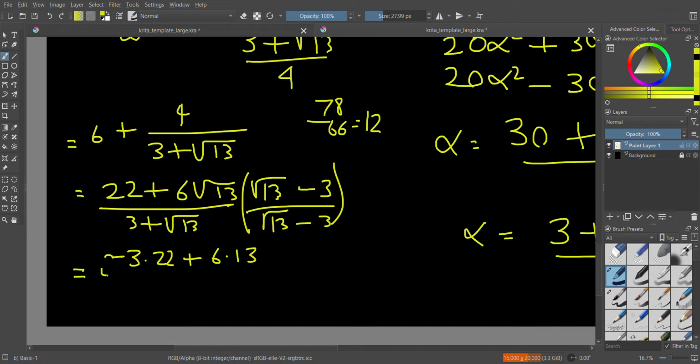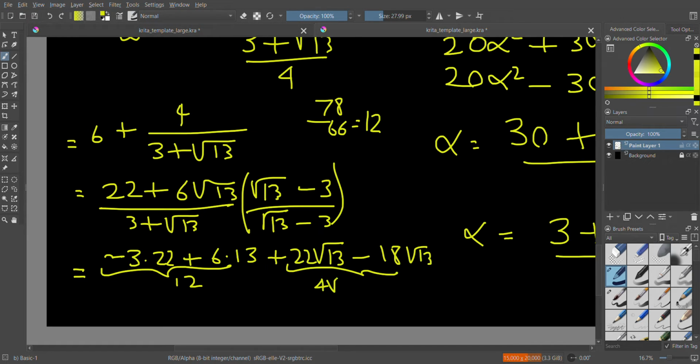This is all 12. And then you get plus 22 square root of 13 minus 18 square root of 13, and this is 4 square root of 13, and then the denominator is 13 minus 9, which equals 4. And what is the final answer here? The final answer is 3 plus square root of 13.